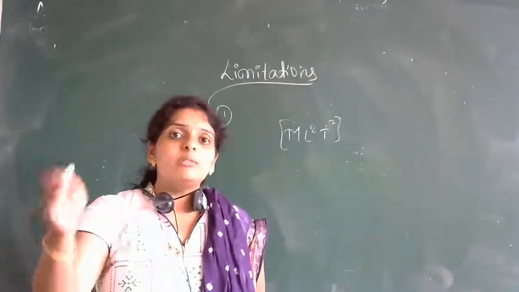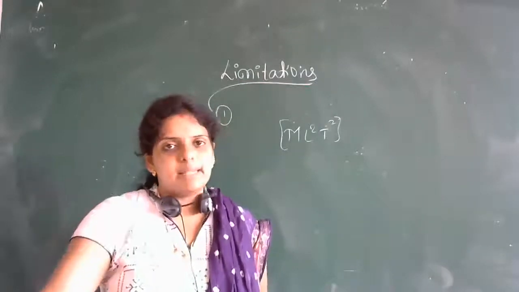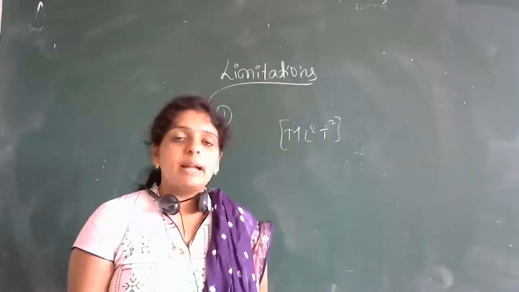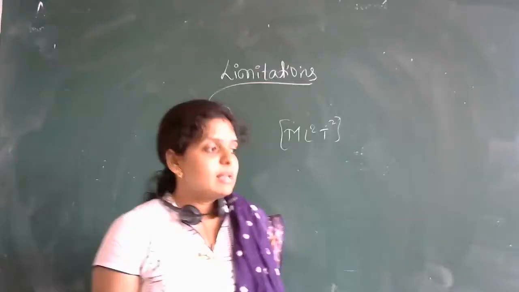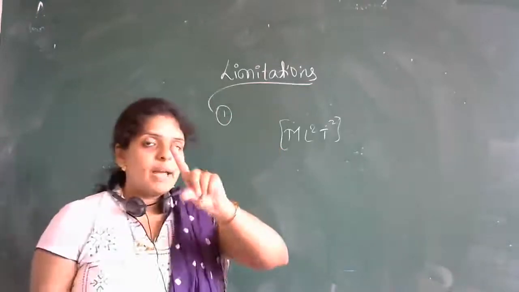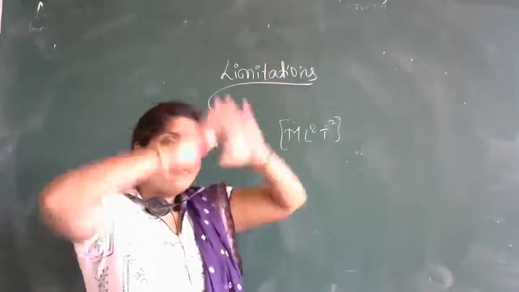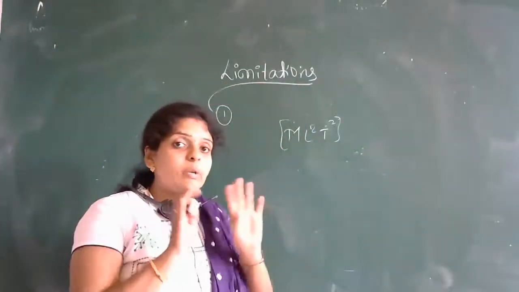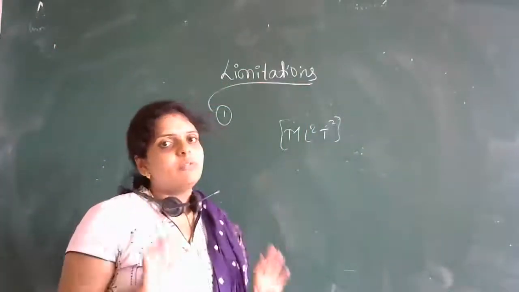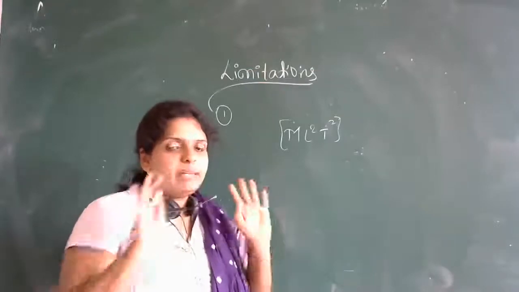And in energy also, some may say kinetic energy, some may say potential energy. So at that time the confusion occurs. Therefore, the first drawback of dimension analysis, or the first limitation, is that there are many physical quantities, but we don't have that many dimension formulas. We have limited dimension formulas.